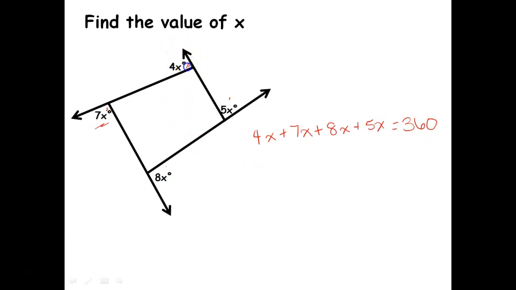These are the exterior angles. We're talking about these angles on the outside of the figure, not the interior, but the exterior. All right, so I combine like terms. 4x plus 7x plus 8x plus 5x equals 24x. So 24x equals 360. When I divide both sides by 24 to solve for x, x equals 15.